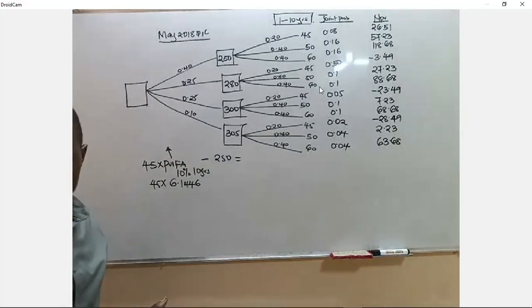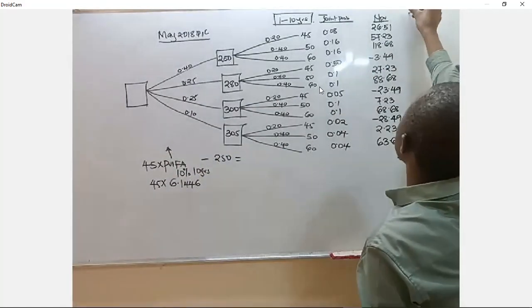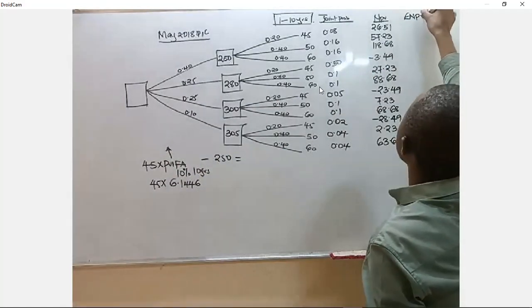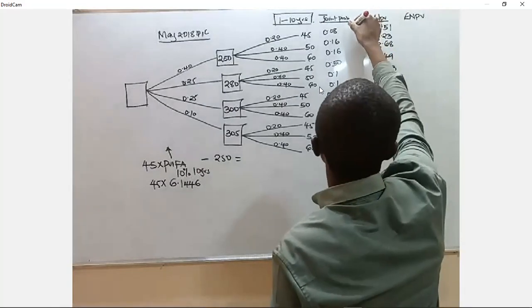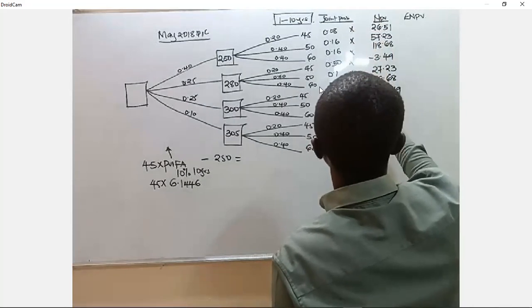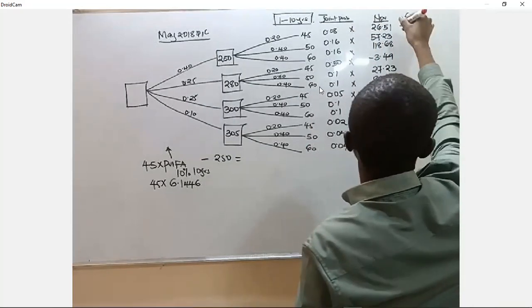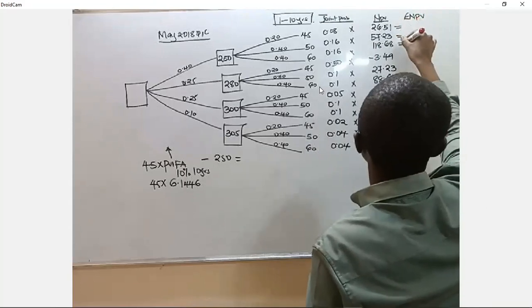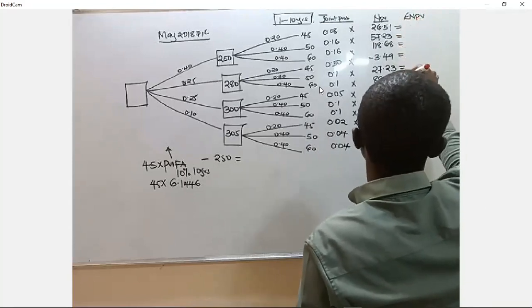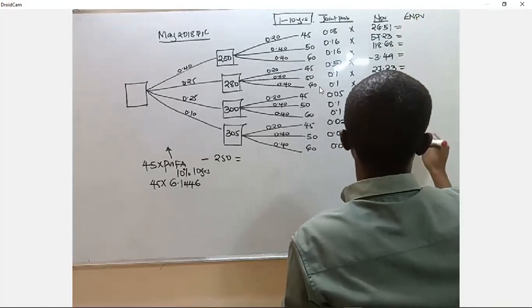To get the expected NPV, here at the end. Expected NPV. We said it is easy. Multiply your probabilities with your NPVs. You just do this in the exam with no pressure. No pressure at all. You can see that.